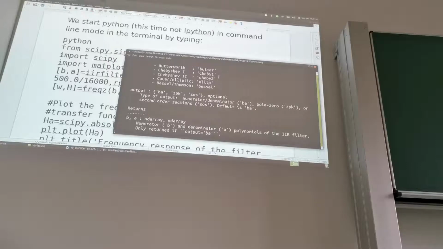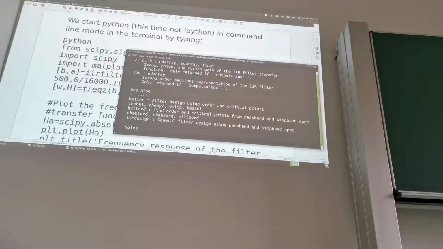It doesn't really say which one it does by default. Interesting. Yeah, and it returns the B and the A arrays for the numerator and the denominator.